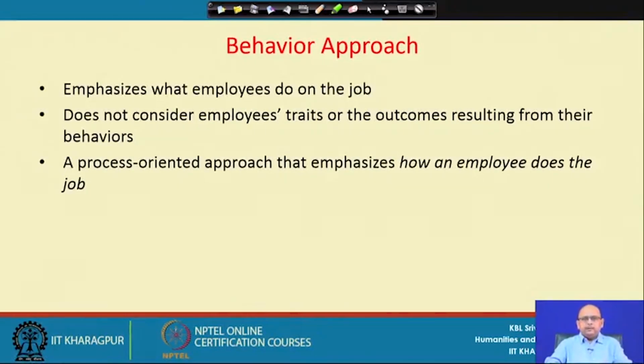Coming to the behavior approach. When I talk about the behavior approach, behavior is related to the activities which are to be performed by an individual in a given job, but it is not going to consider the traits of the employees or the results that are achieved.